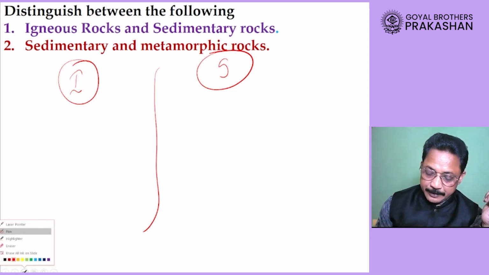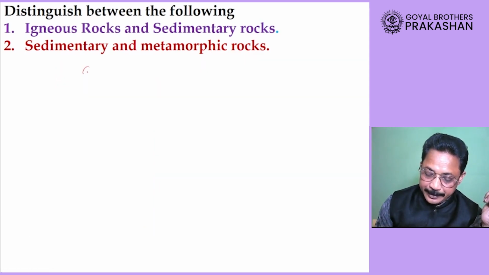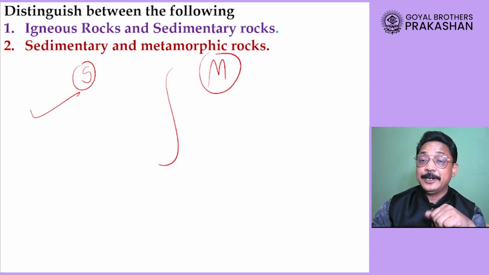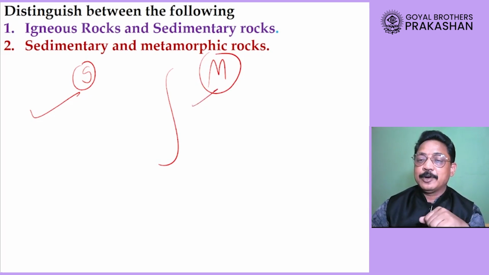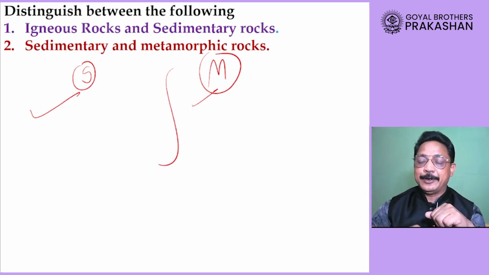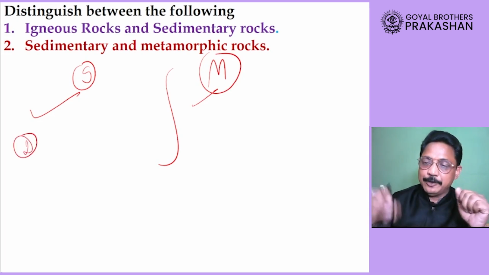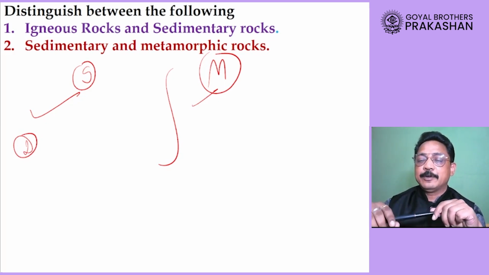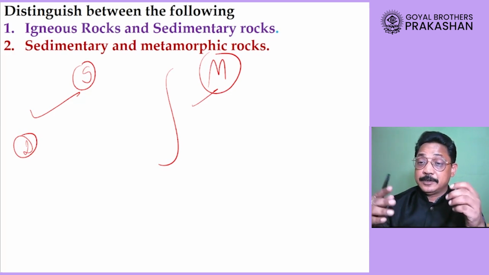Second question, distinguish between sedimentary rock and metamorphic rock. So sedimentary rocks are secondary rocks. Metamorphic rocks are formed from igneous and, yes, sedimentary rocks. Second, sedimentary rocks are found in layers, where metamorphic rocks are somewhere found in layers or they may not be found in layers.